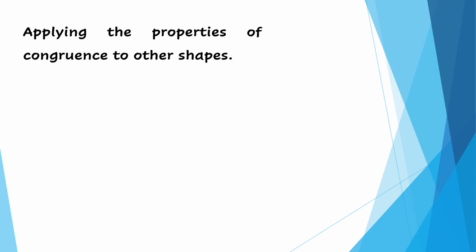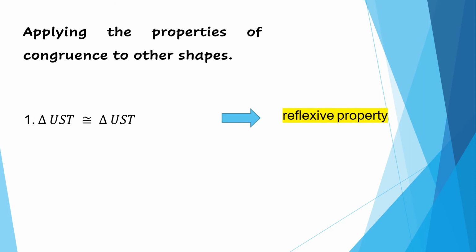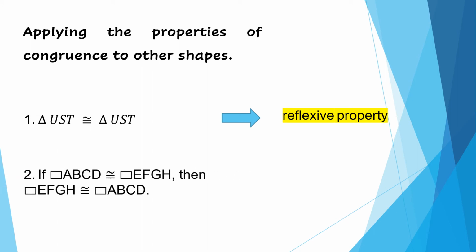How are we going to apply the properties of congruence to other shapes? Let's try this one. For number 1, triangle UST is congruent to triangle UST. What property is applied? That is right. It is reflexive property of congruence. How about for number 2?